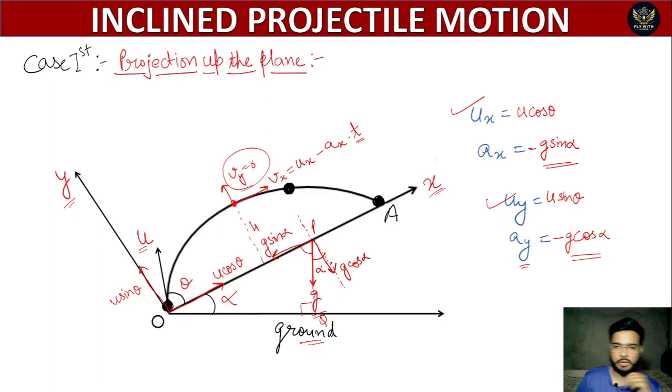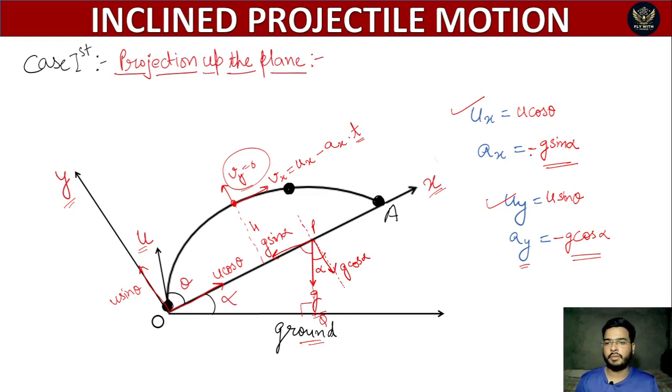If we analyze this, we notice that g sin alpha acts opposite to u cos theta, and g cos alpha acts opposite to u sin theta. This means the body is decelerating while traveling from O to A, because g sin alpha is taking the place of ax and g cos alpha is taking the place of ay.